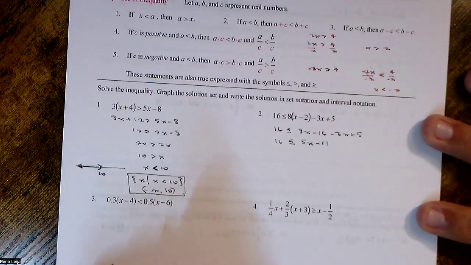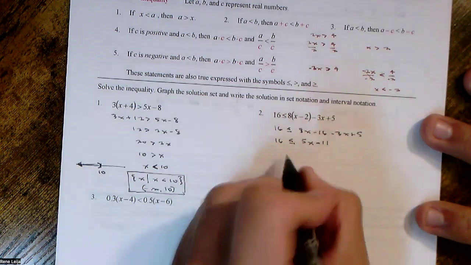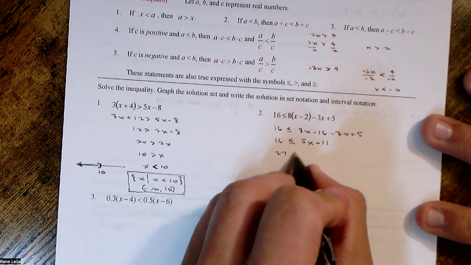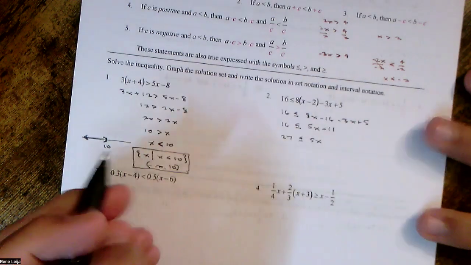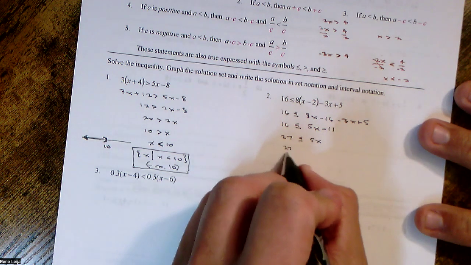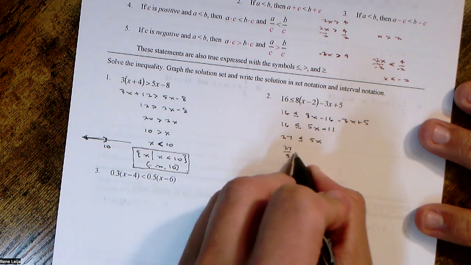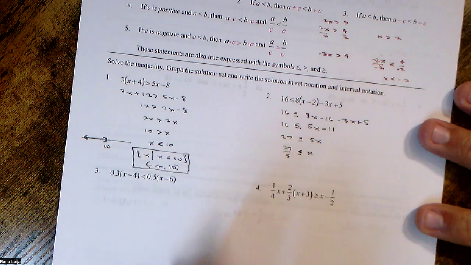Now we're going to move the 11 to the other side. So I'm going to add 11 to both sides. So that's 27 is less than or equal to 5x. I divide both sides by 5. Since it's a positive 5, I don't change the direction. I don't flip the inequality, at least not now.